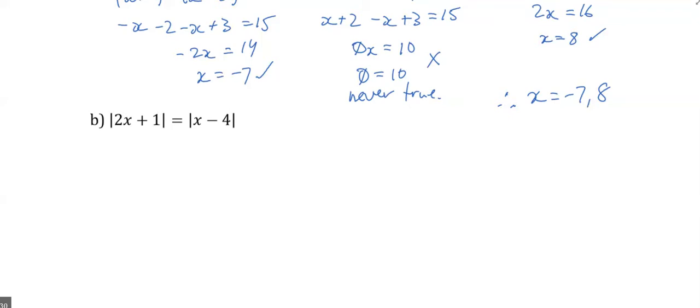Okay, so we start with our number line. My x-intercepts here are -1/2 and +4.